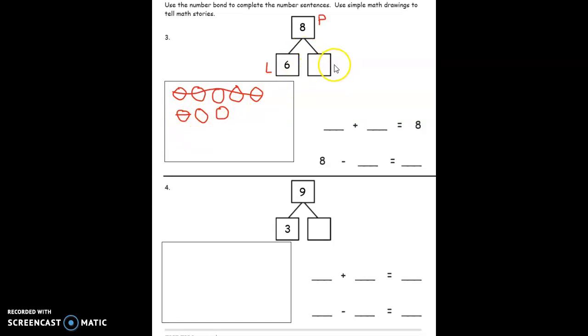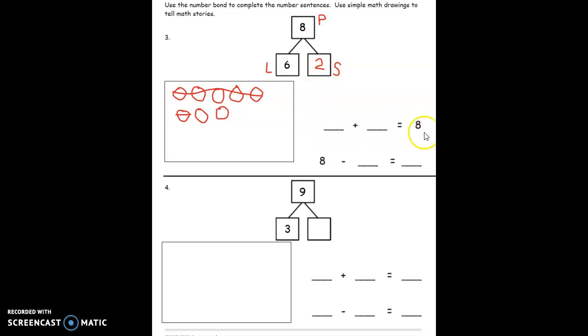Let's put an S for still have. How many pencils do you still have if you lost 6 of them? Yes, we didn't cross out 2 of them. Now let's go to our number sentences.